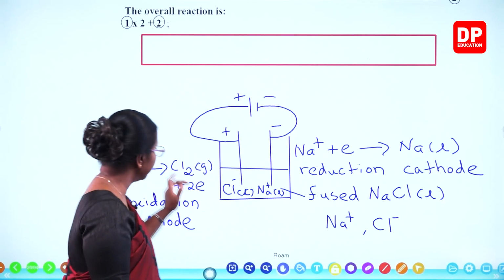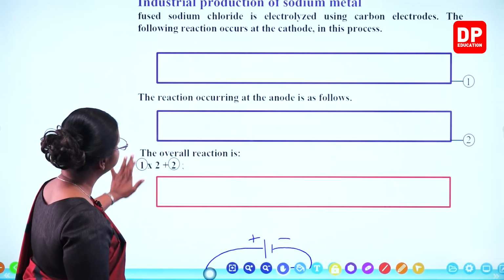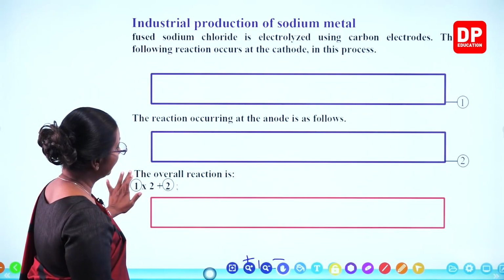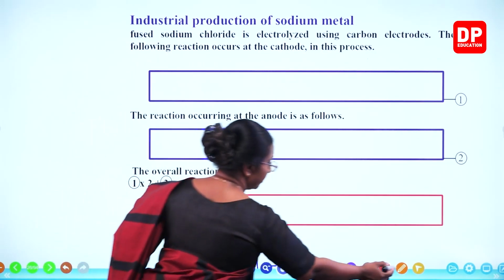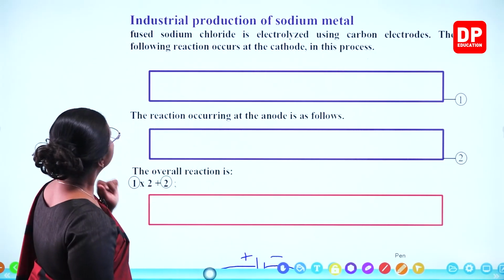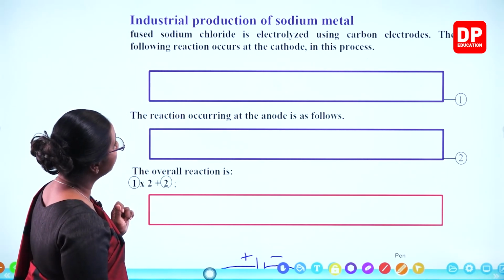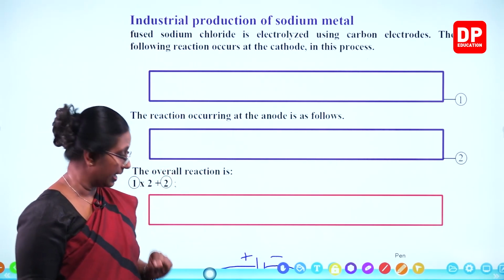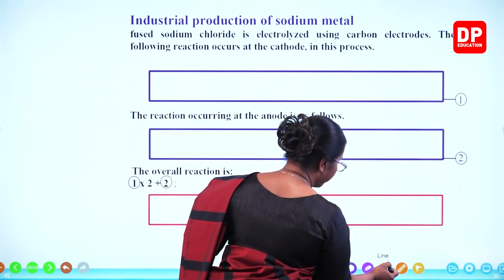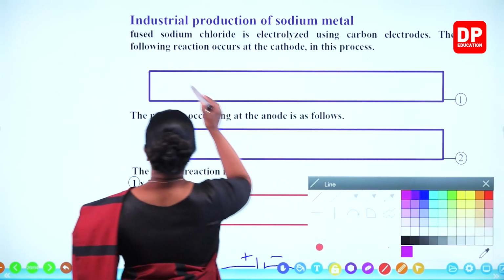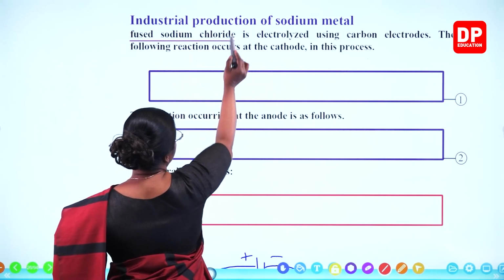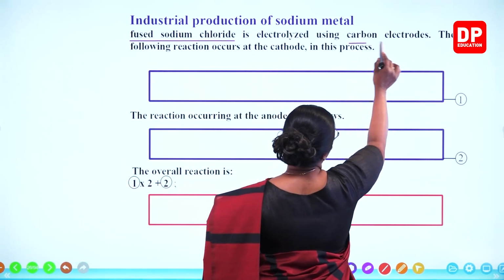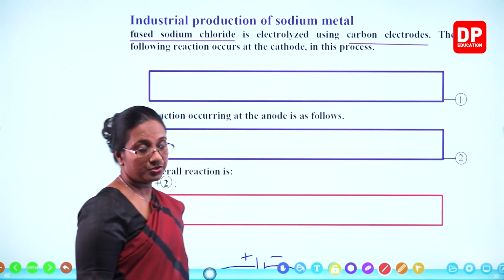So if we rewrite the reactions again, I have explained what happens there. So here, fused sodium chloride is electrolyzed using carbon electrodes. So that is again something you all have to remember, students. Here it is fused sodium chloride and we use carbon electrodes.